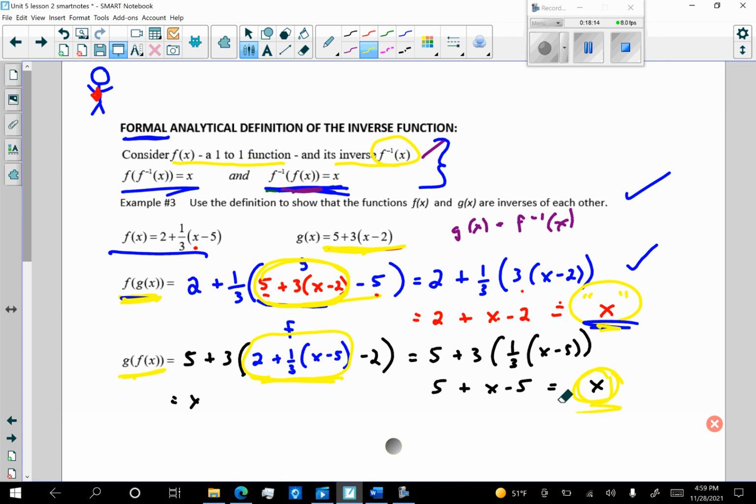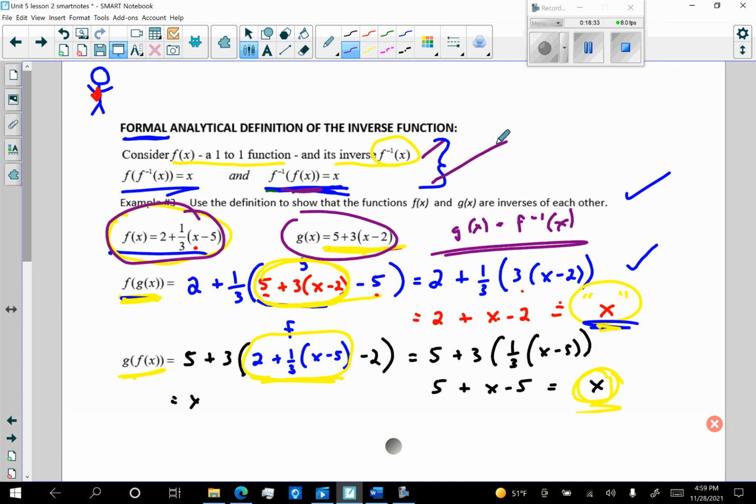So bam! These two functions are indeed inverses of each other. So therefore I know that g of x is the inverse of f of x. Why? Because of the analytical definition of the inverse. So make sure you get that copied down very carefully.